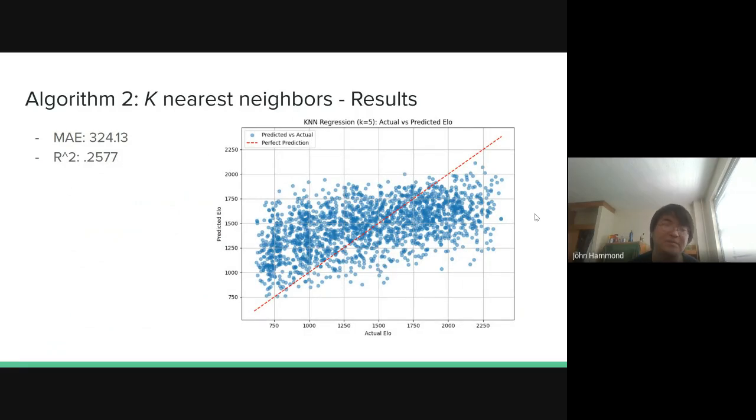And it's actually worse. I was expecting this one to be better because k-nearest neighbors is nonlinear, and generally linear models tend to be more simplistic, but for some reason this was worse. The mean absolute error is 324.13, and R squared is 0.2577, which is less.